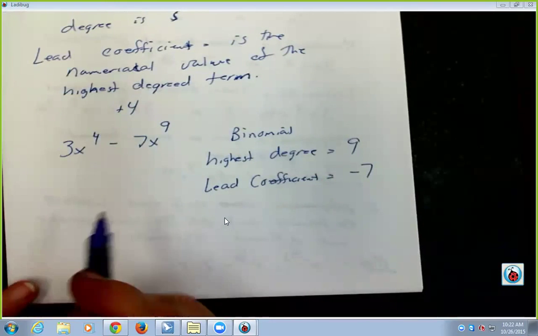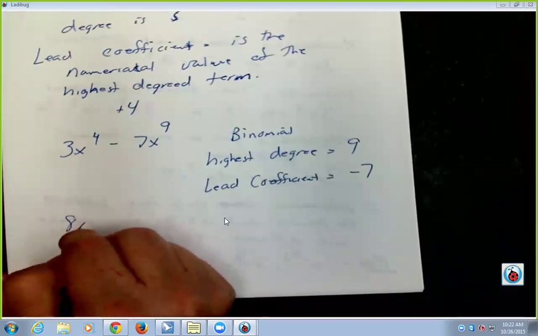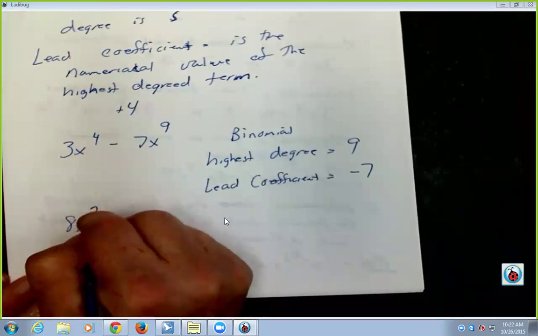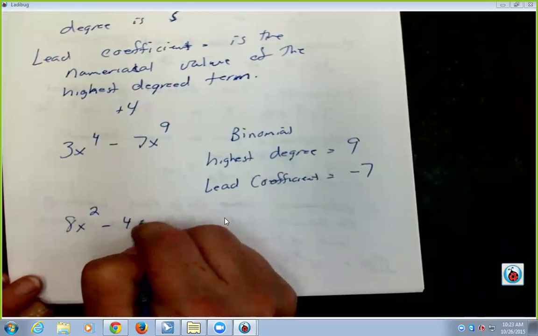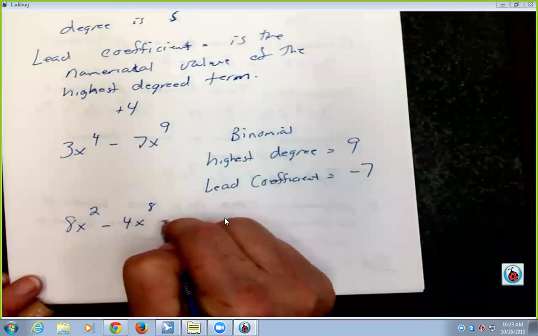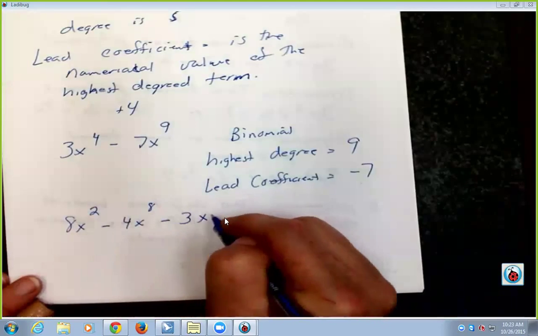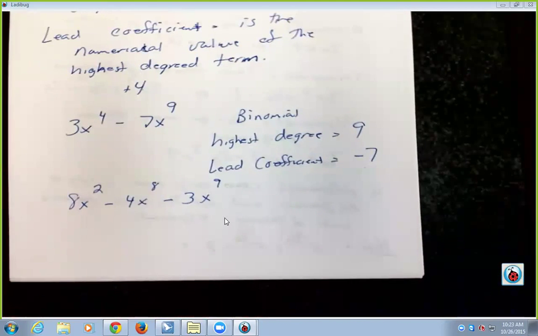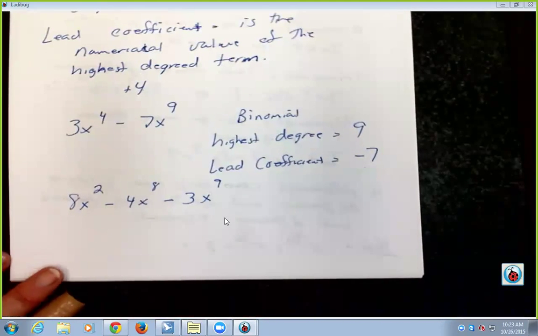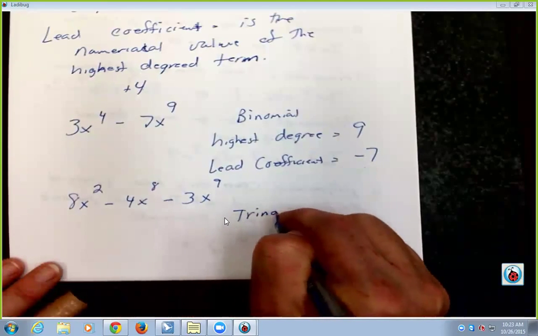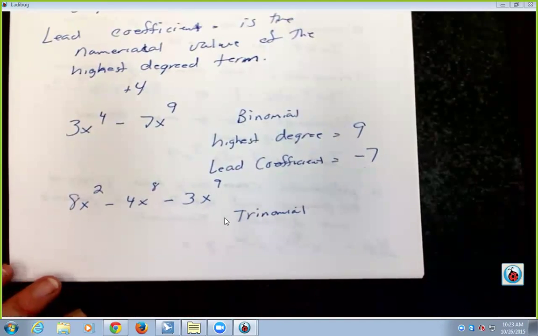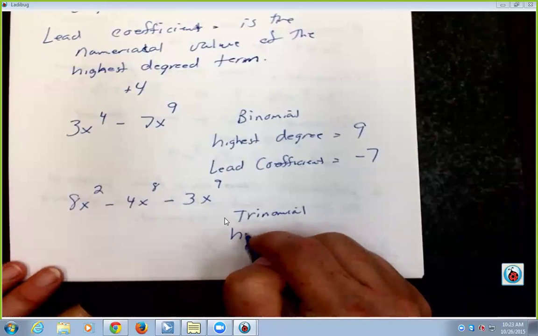Okay, so how about this one? If I had 8x to the 2nd minus 4x to the 8th minus 3x to the 9th. So what kind is it? Try. And its highest degree?